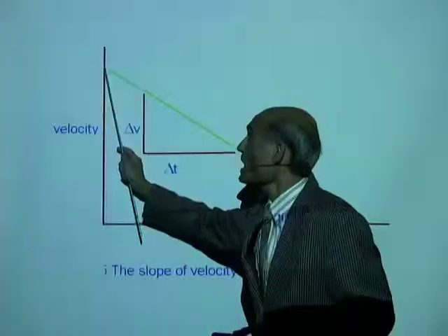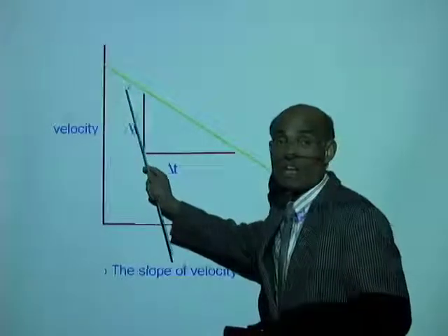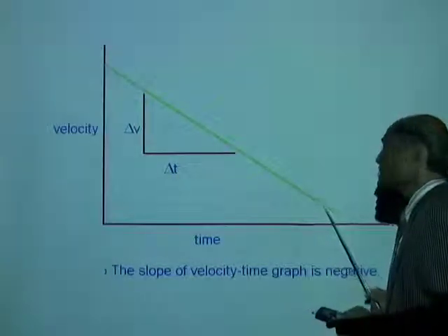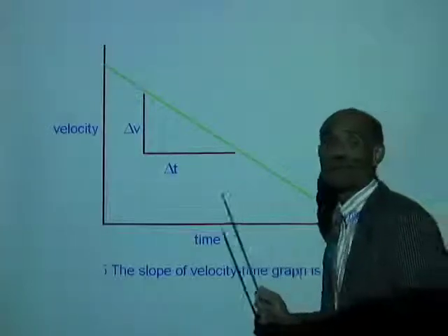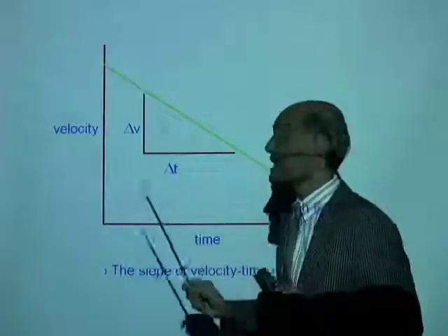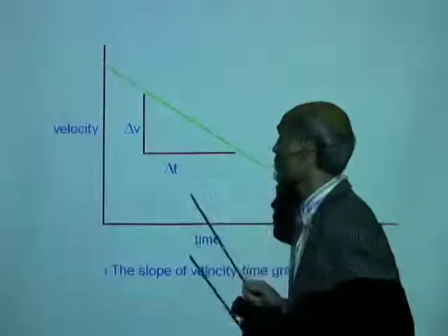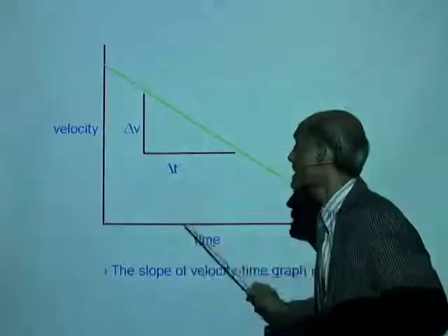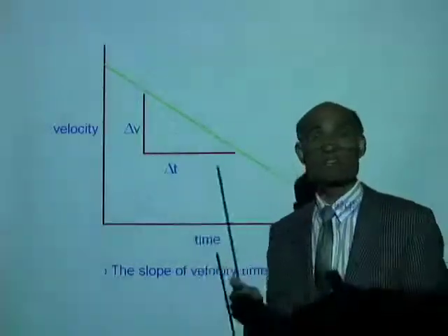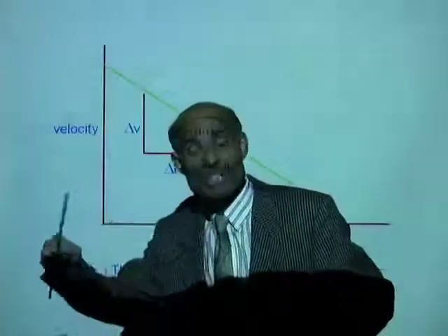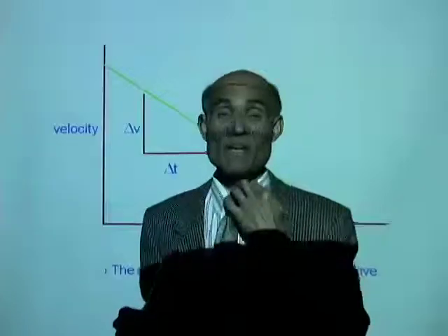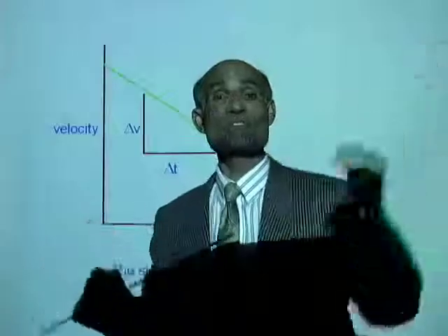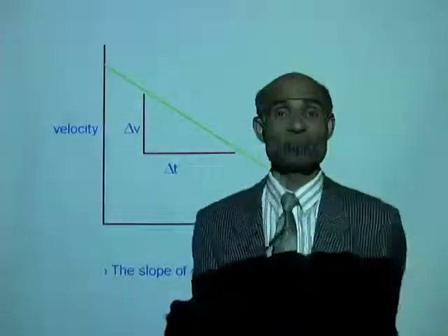The particle starts with an initial velocity, and its velocity decreases steadily until it reaches a very small value. The velocity is decreasing. Now, what kind of slope do you have for this graph? This time, the slope of the velocity against time graph is negative. It indicates that the velocity is decreasing. So, when an object picks up speed and keeps on increasing the velocity, the acceleration is positive.